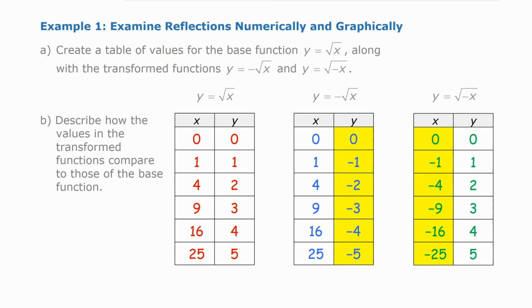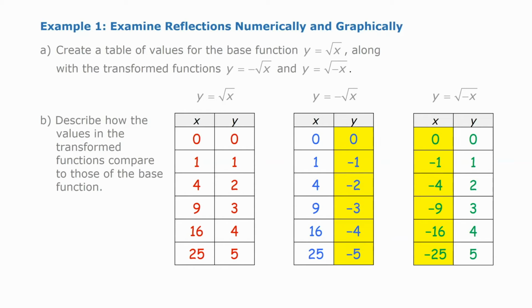There we go. So in the first table here, the basic square root function, you're just substituting a number and taking its square root. Now this is the positive square root. It does not say plus or minus here. It's just the positive square root. So square root of 0 is 0, square root of 1 is 1, square root of 4 is 2, square root of 9 is 3, and so on down there. Now, when you look at this, the reason I have these highlighted here is because they all are exactly the same as these numbers, except they're opposite in sign.